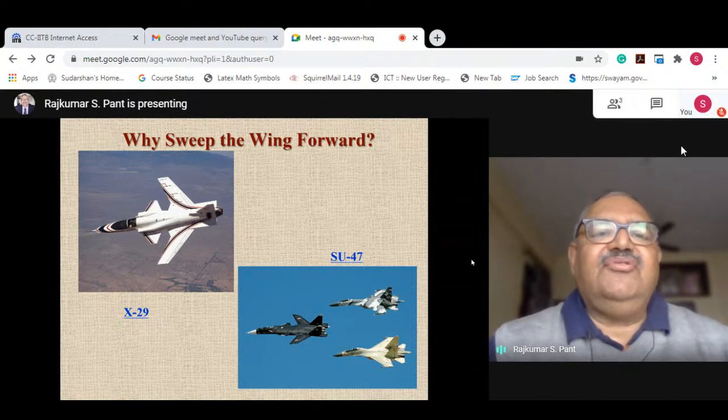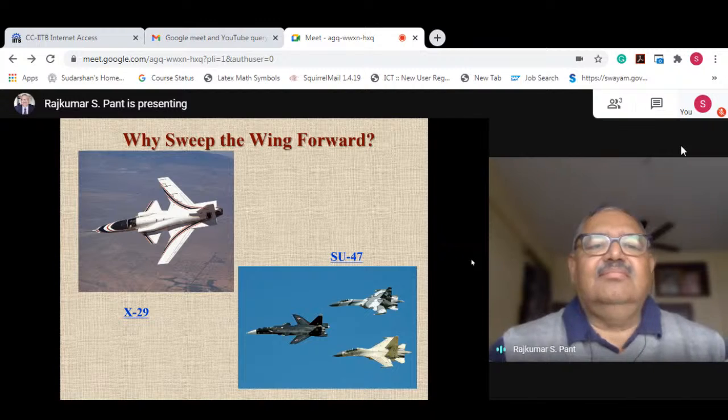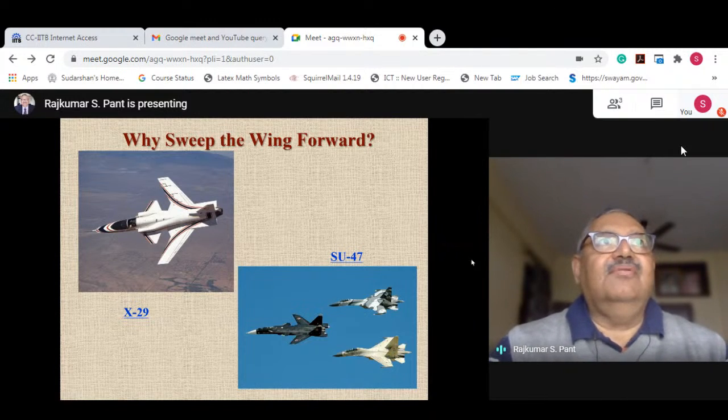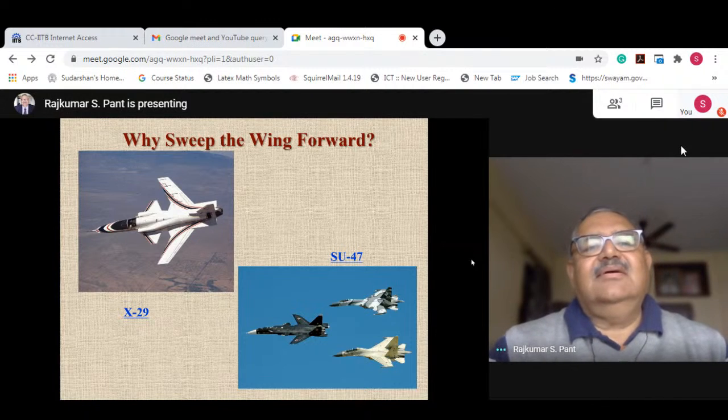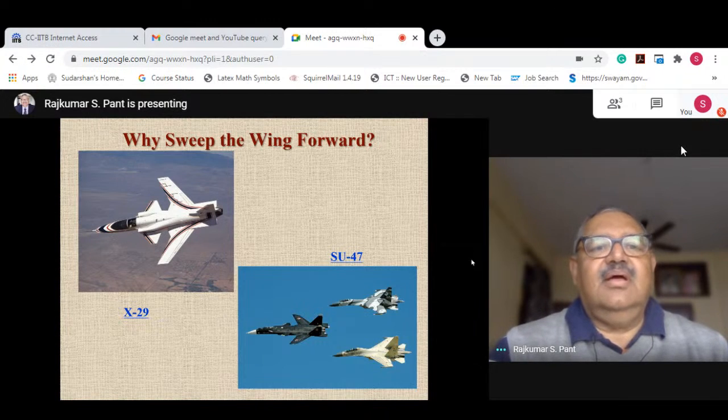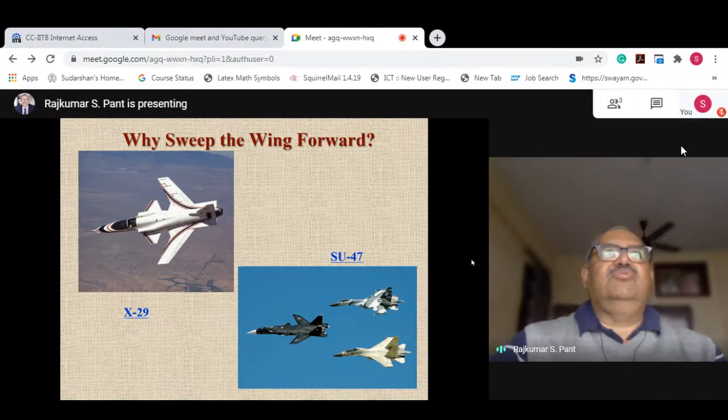As you can see in the figure of X-29, there is a black colored line drawn on the wing. That line broadly indicates the way in which the airflow takes place over a forward swept wing.